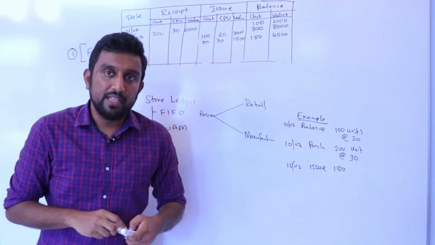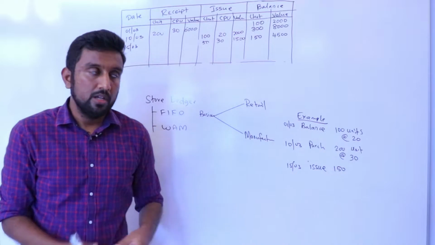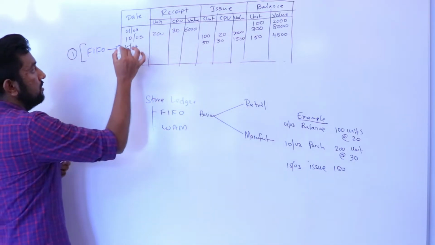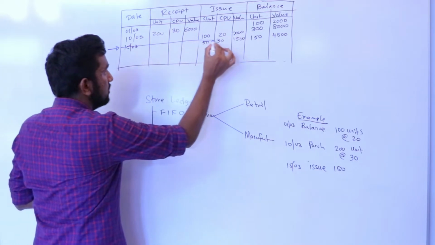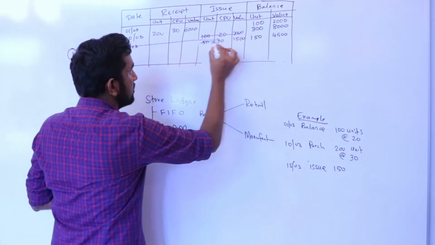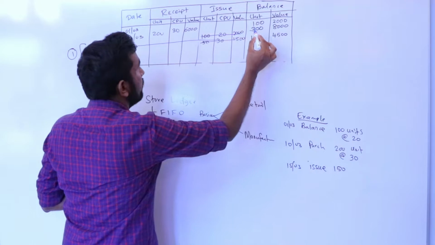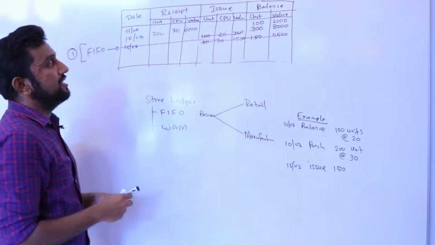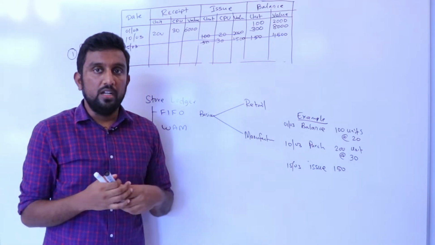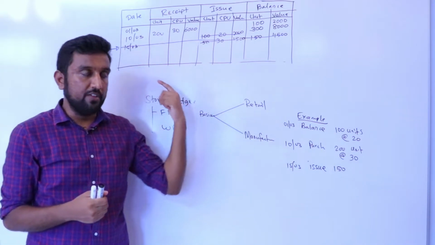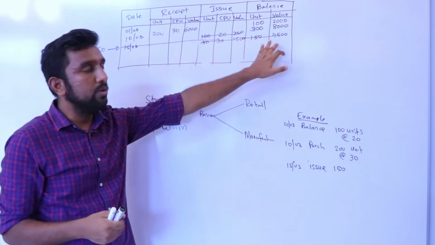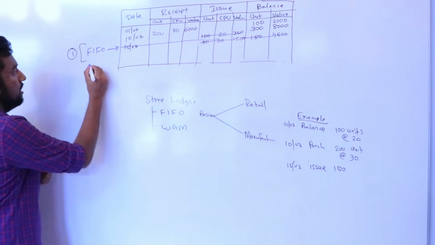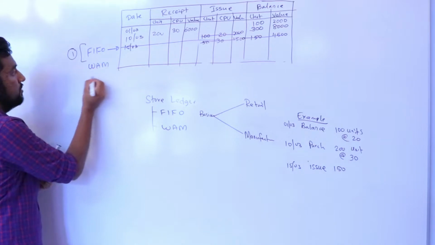The second method is the weighted average method. So in the same example, let's assume this transaction we are going to record in weighted average method. Earlier we had the transaction in FIFO method and this is how it works. Now I am going to show the same transaction in weighted average method.